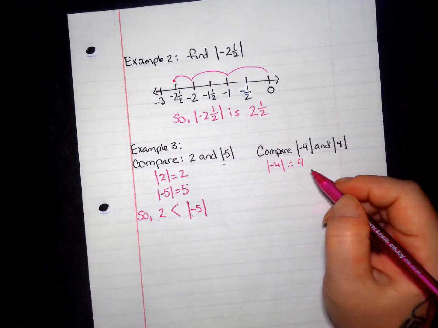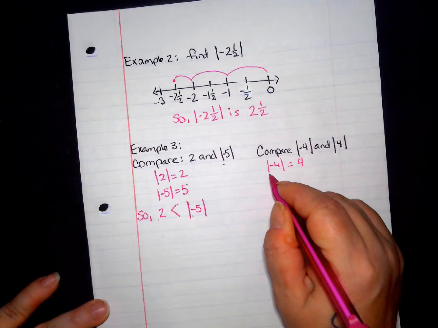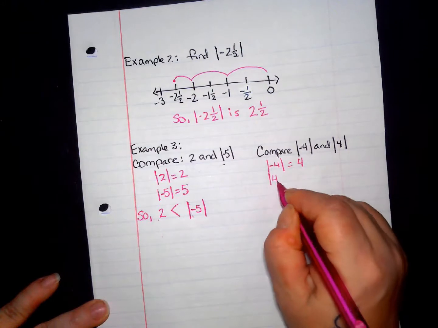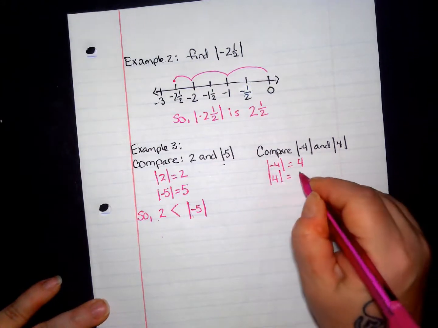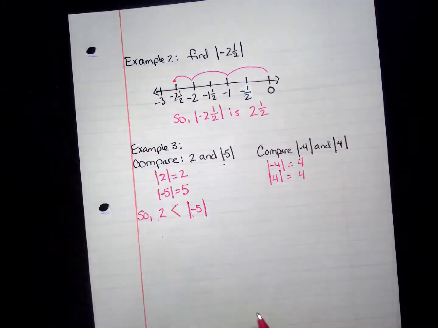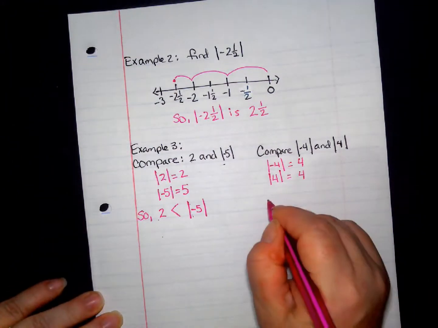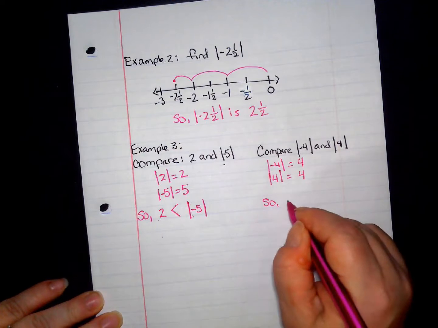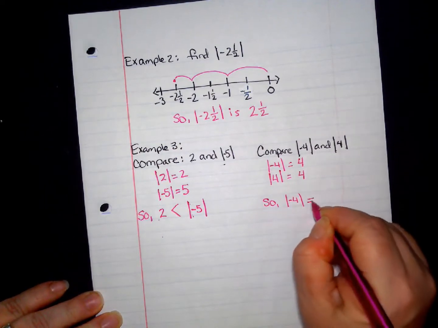And if you do the absolute value of 4, it's also 4. Because if you count from 0, it's 1, 2, 3, 4. So you get 4. So the absolute value of -4 is equal to the absolute value of 4.